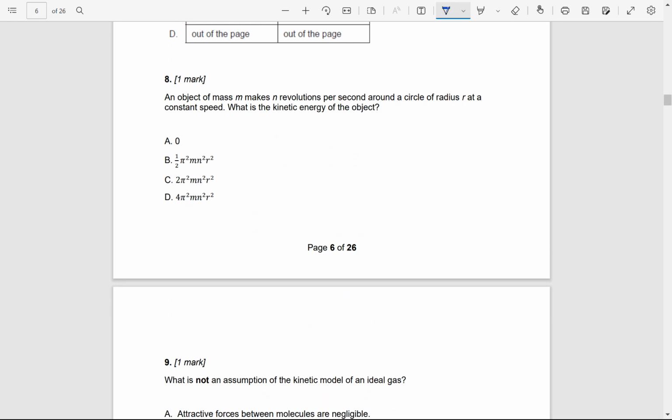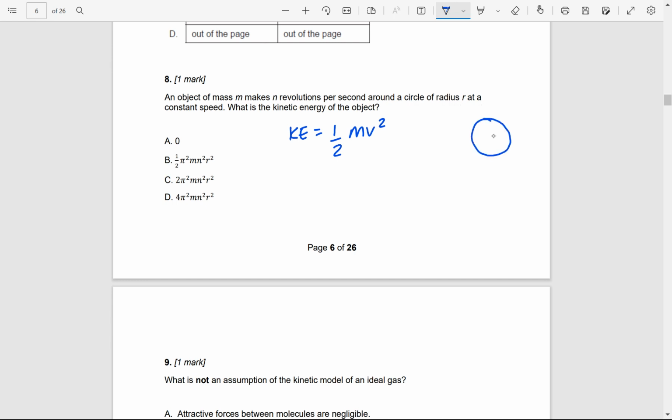Question 8. An object of mass m makes n revolutions per second around a circle of radius r at a constant speed. What is the kinetic energy of the object? Okay, kinetic energy, half mv squared. Now we know the mass is m, so we're satisfied with that. We need to know what v is.